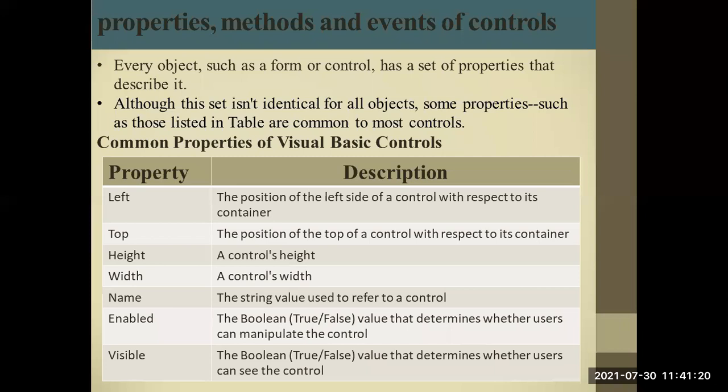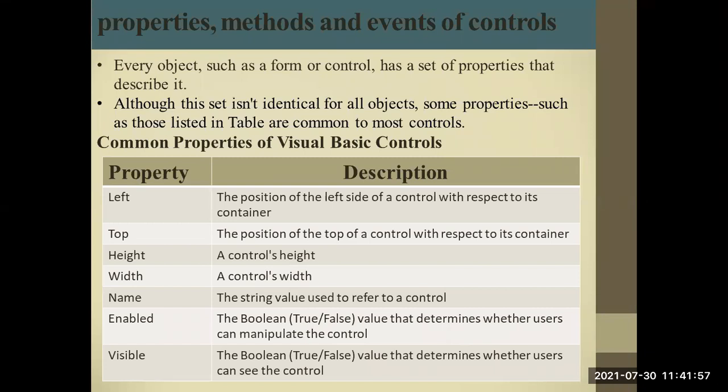Although this set isn't identical for all the objects, and the properties will be different for different objects, some of the properties are common for most of the forms and most of the controls. As we have listed in this table, we have listed some of the common properties which belong to this set of forms and controls.